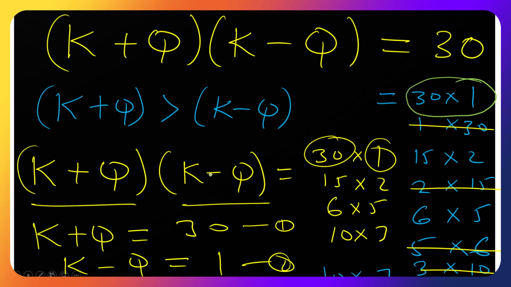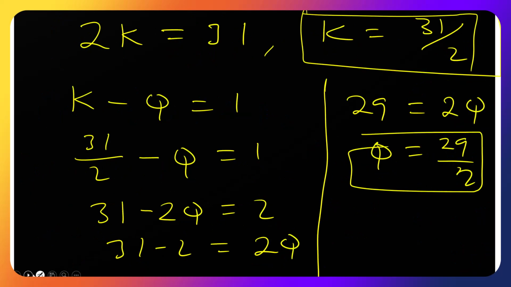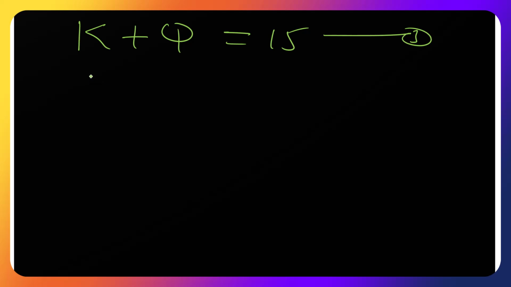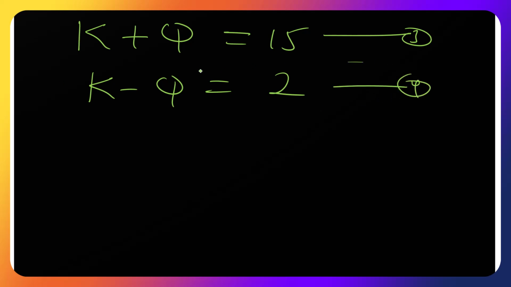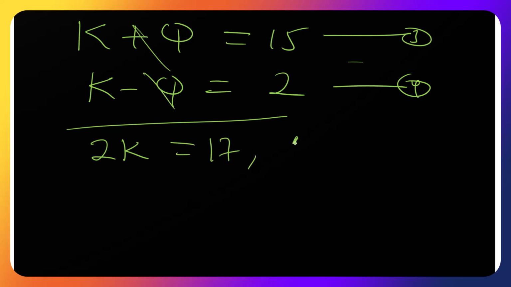Now let's look at the next one, 15 and 2. So k plus q equals 15, equation 3, then k minus q equals 2, equation 4. Let's add them. That will be 2k equals 17. Therefore, k is 17 on 2.